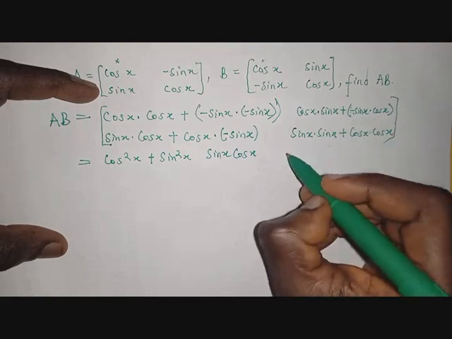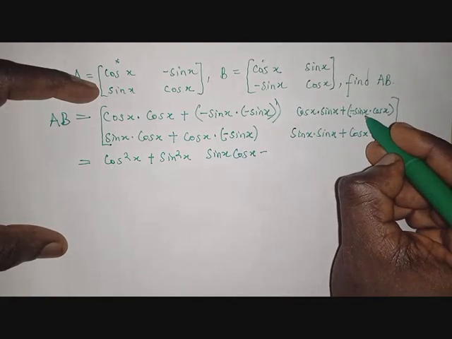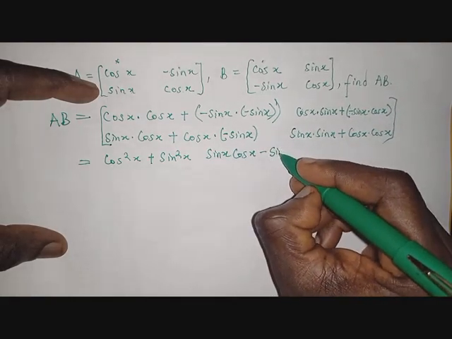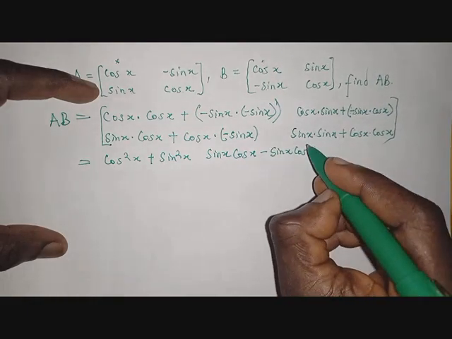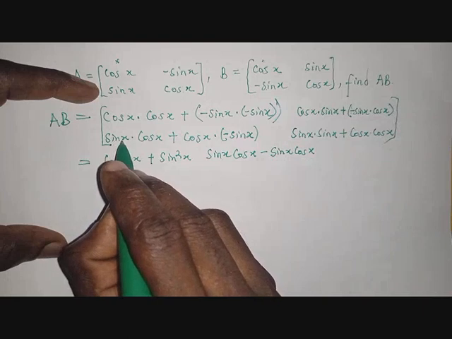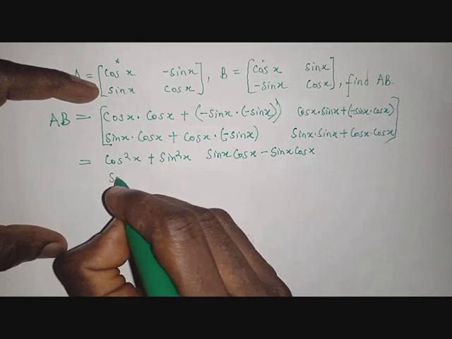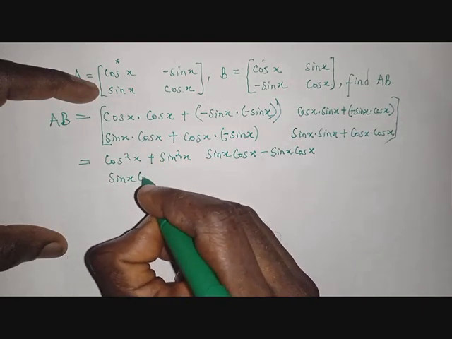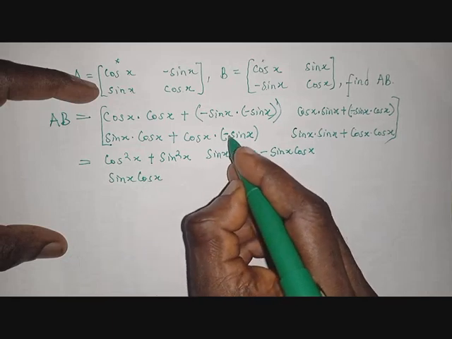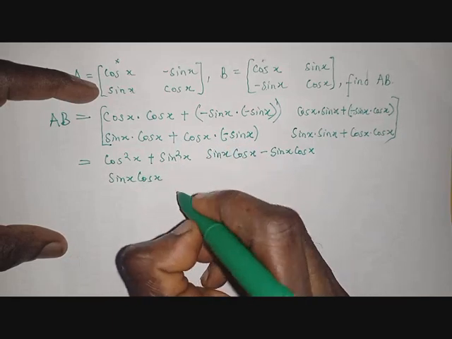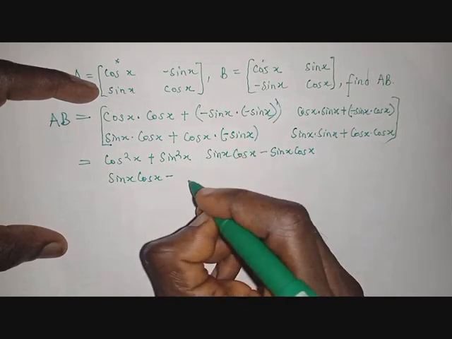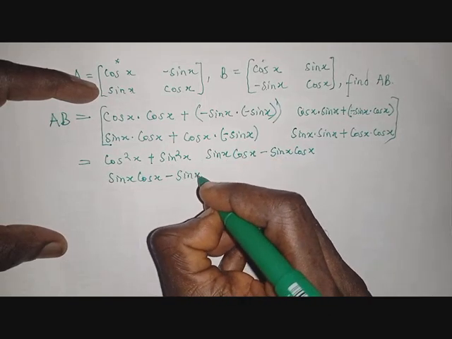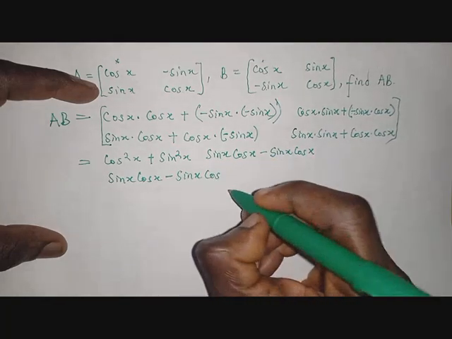Then negative times positive is minus, of course, so sine x times cosine x gives me the same thing, sine x cosine x. Then we come here, sine x times cosine x is sine x cosine x, and the negative times positive gives negative.